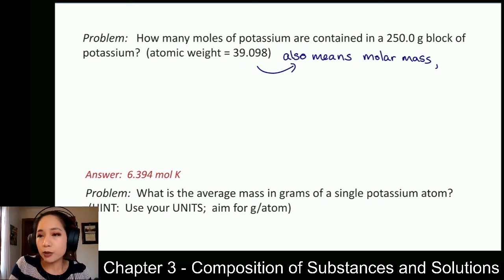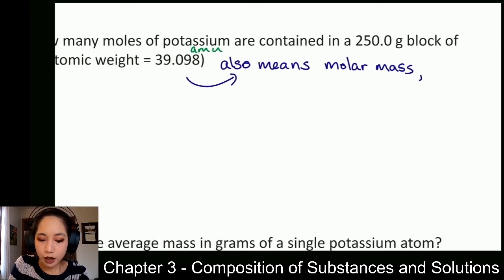So remember, we said atomic weight has the unit of AMU. So this means 1 atom of potassium equals 39.098 AMU. But remember, that number also means molar mass, the mass of 1 mole of potassium. So atomic weight is the same number as molar mass, but just a different unit.